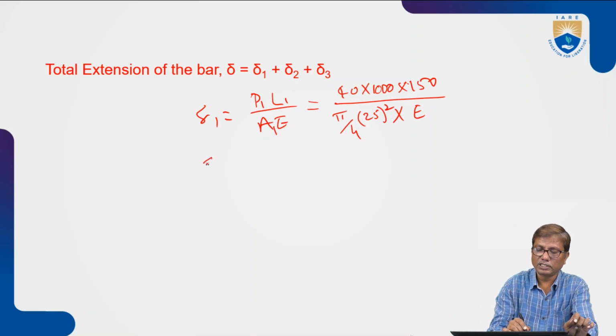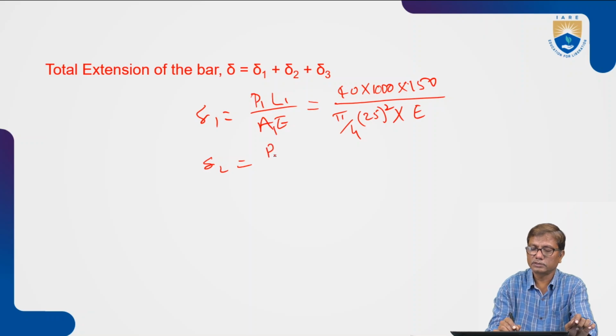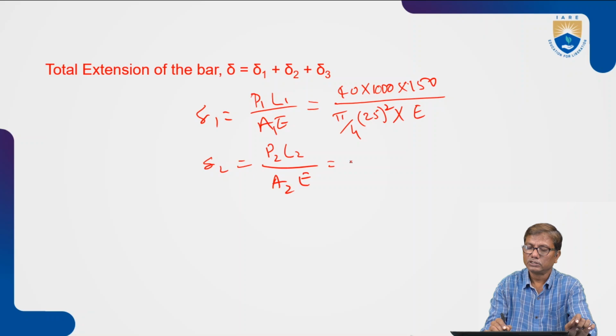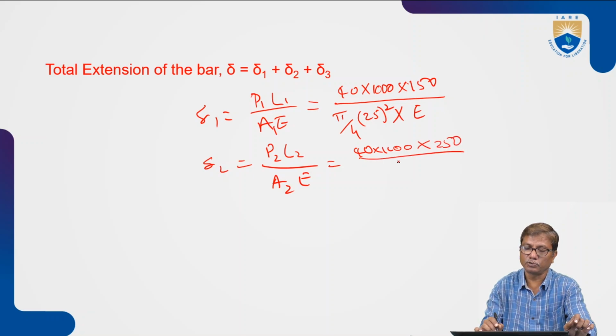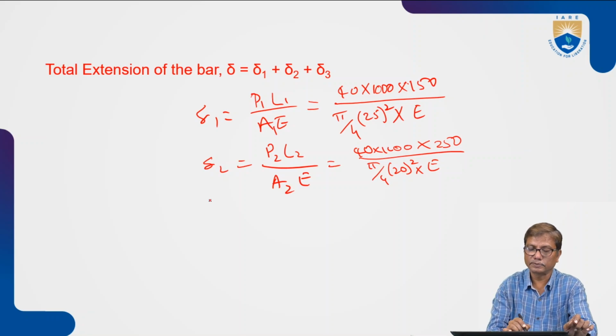Similarly, we will get delta 2 as P2 L2 by A2E. So which is again P is same 40 kilonewtons and length is 250 for middle portion and diameter is 20 and Young's modulus is E. And delta 3 is P3L3 by A3E.